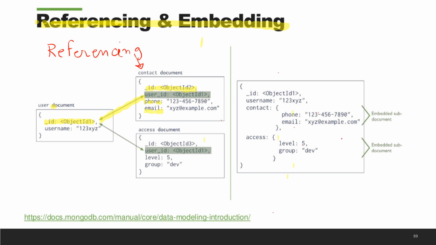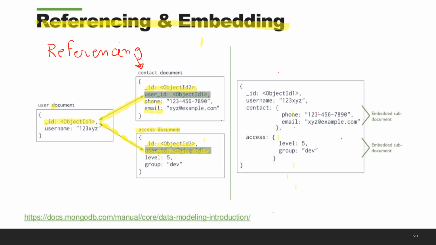Then another document, the access document, has its own ID, ObjectID 3, but again it refers to the access control level for this user by using this referencing mechanism, referring to the user ID, ObjectID 1, sorry.